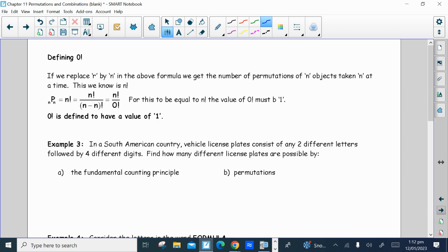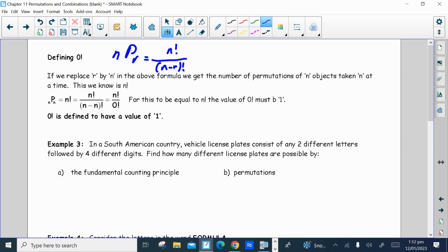So I said we'll define what 0 factorial is. If we replace r by n in that formula, right? The formula was nPr equals n factorial over (n minus r) factorial.